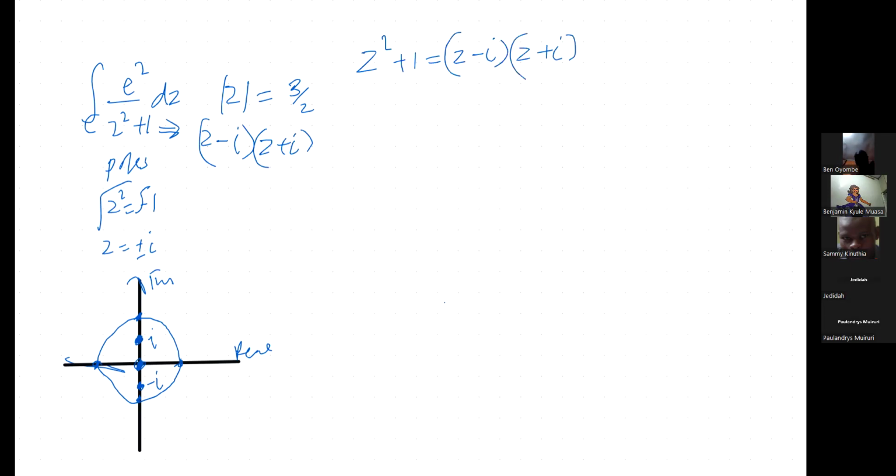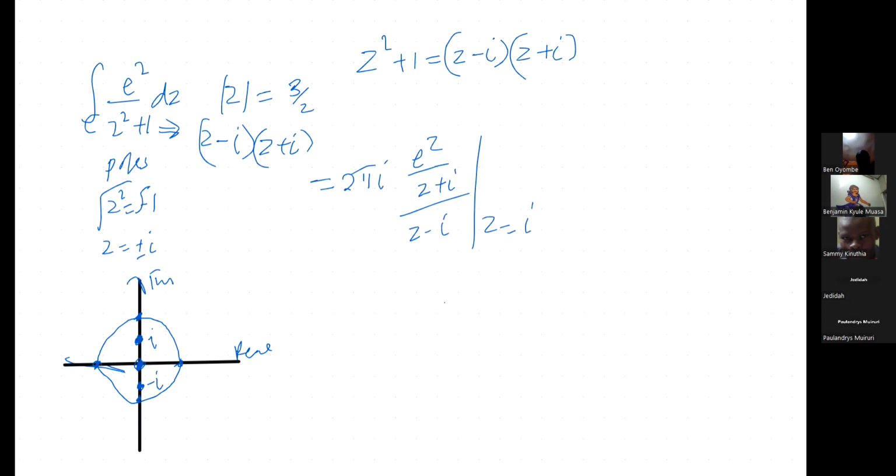So our answer will be 2 pi i times e to the z divided by z plus i, when z equals i. So then we substitute.